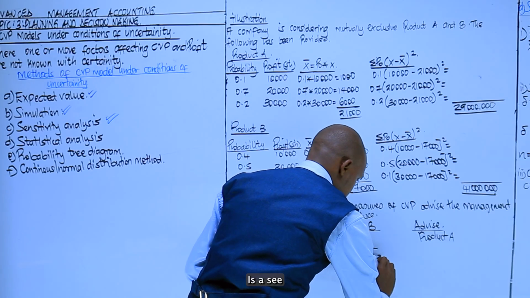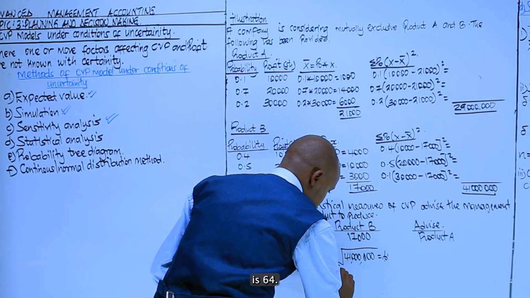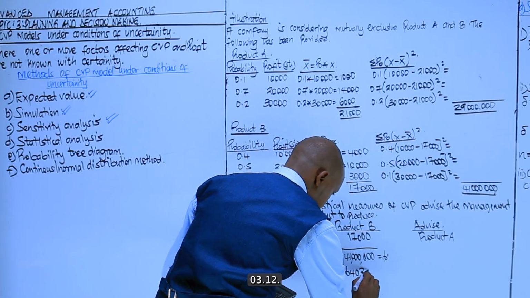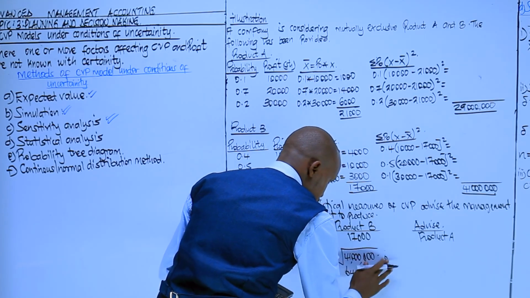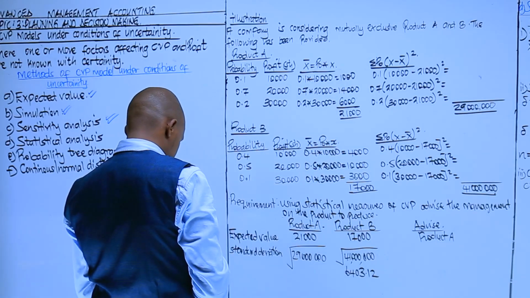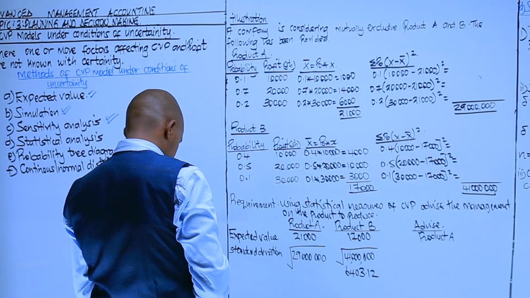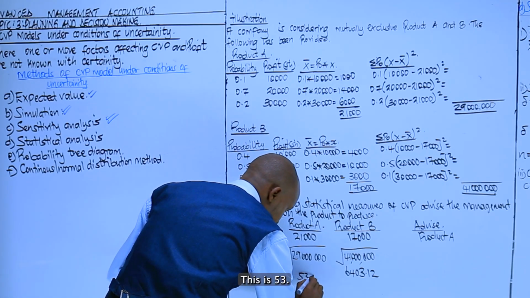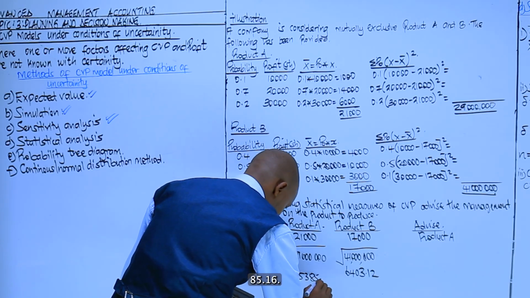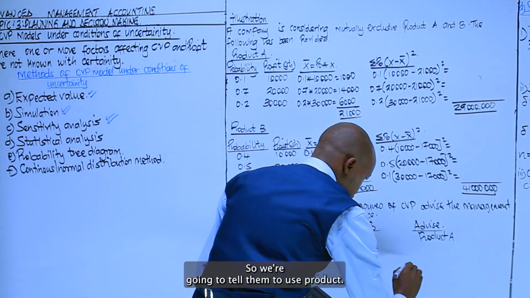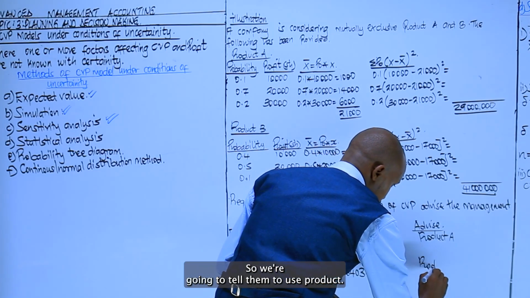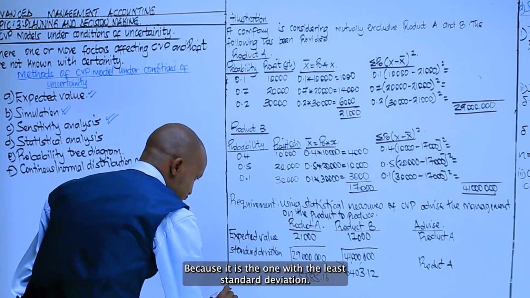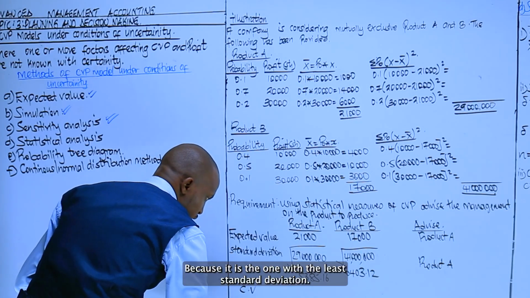This is 6403.12 for product B, and this is 5385.16 for product A. So you're going to tell them to use product A. Why? Because it is the one with the least standard deviation.